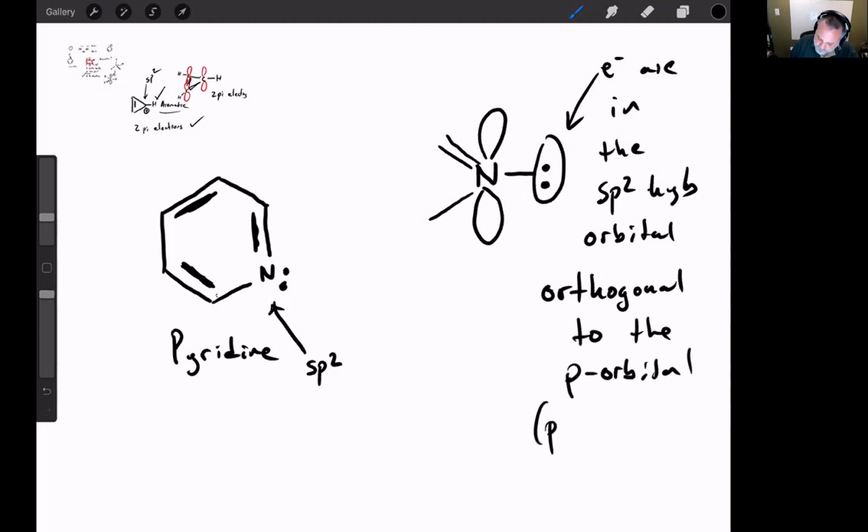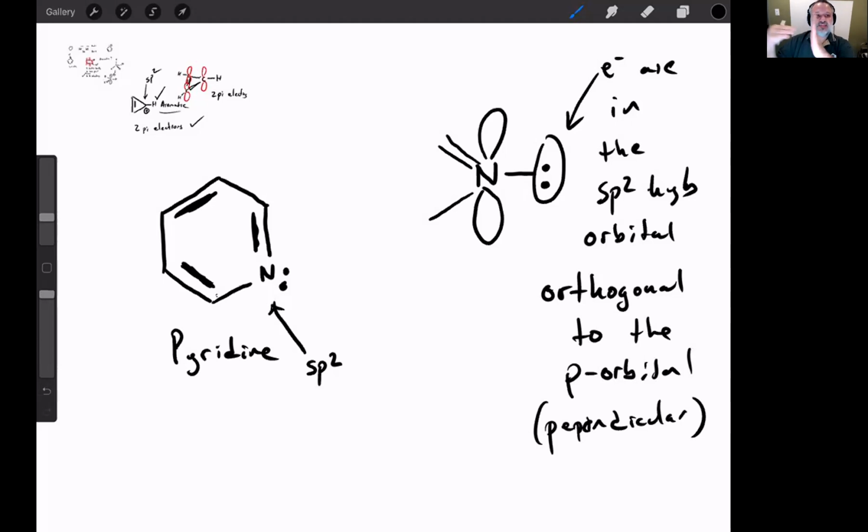The way I describe it is to say this lone pair of electrons is stuck out of the ring. It's perpendicular to the unhybridized p orbital, so it's not participating in the ring of pi electrons.